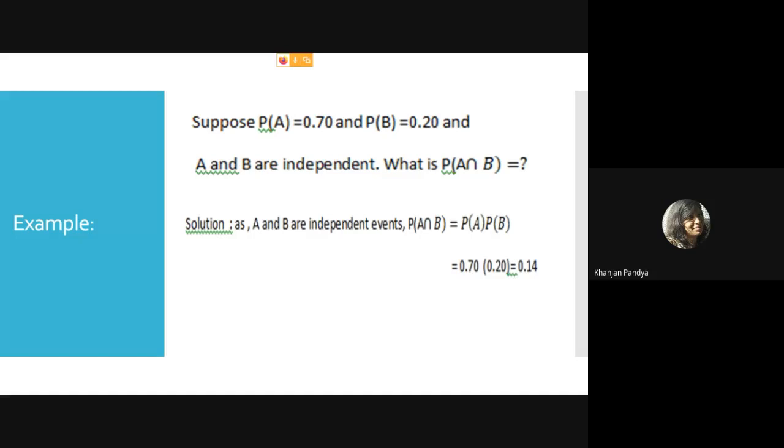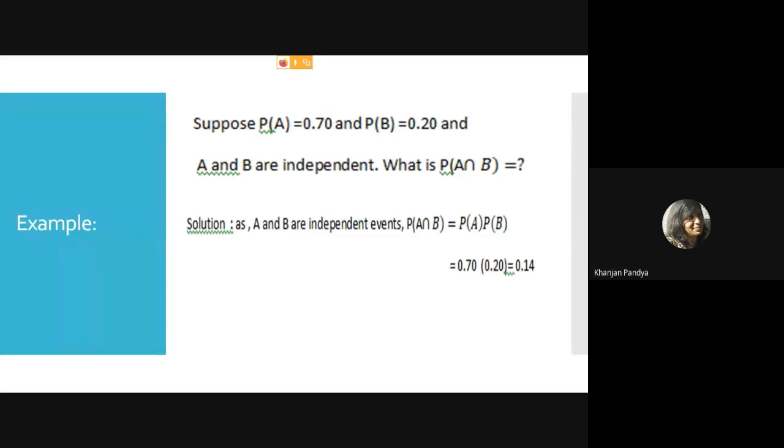What is the probability of both of them occurring together, that is, A intersection B? As we know, A and B are independent events, so P of A intersection B, the probability of both events occurring, is P of A into P of B, and hence 0.70 into 0.20, so we have 0.14. This is a very basic example.